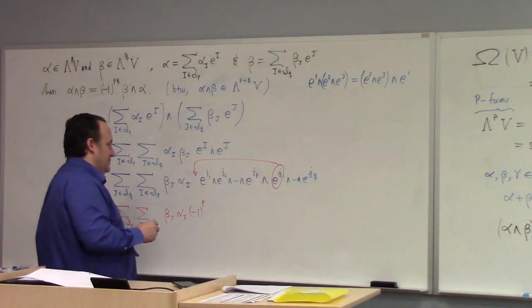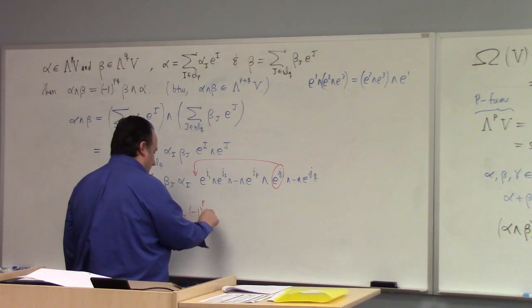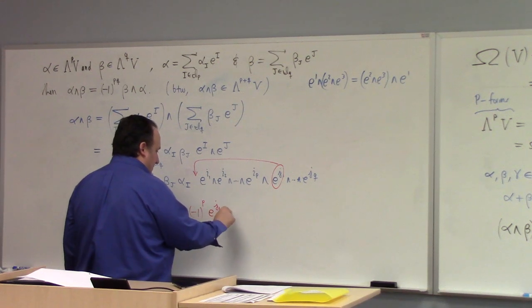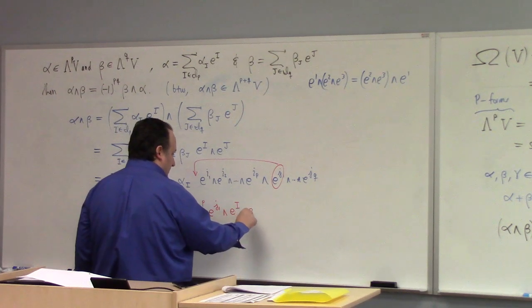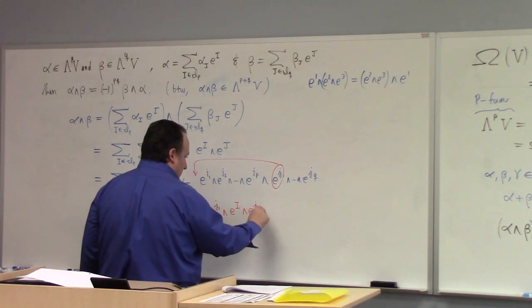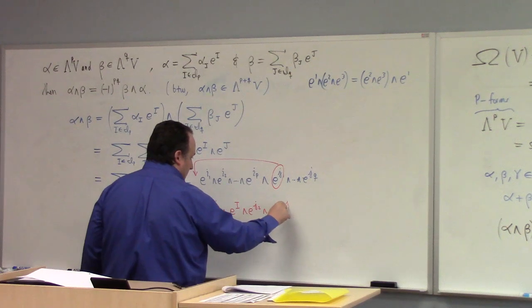Then I would have E_J1 wedged with E_J2, wedge, dot, dot, wedge, E_JQ, right?